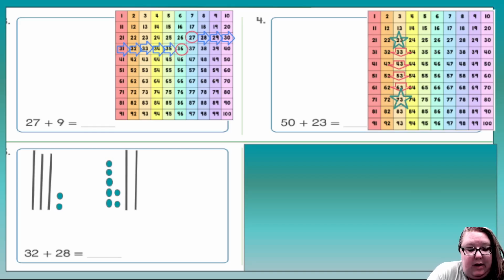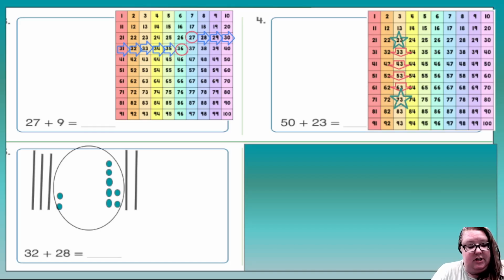We're going to start by using a strategy called making a 10, and we do that by adding the ones. So we're going to draw a circle around the ones and put those in one group. 8 plus 2 is 10, so we made a 10, and we have none left over. So now we have 6 tens.